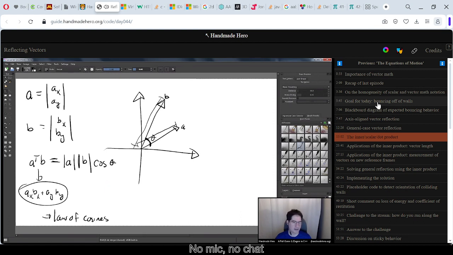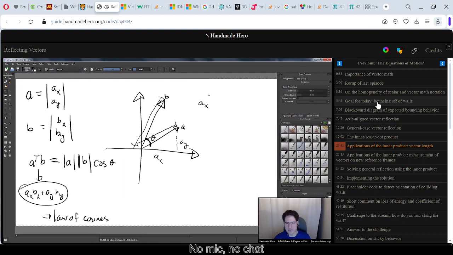So what stuff can we do? Well, for starters, what if we wanted to know the length of a vector? Like, I want to know how long A is. There are two ways we could think about doing that. One is the Pythagorean theorem I told you about the other day. Here's AX, here's AY, and we want to know this length here.